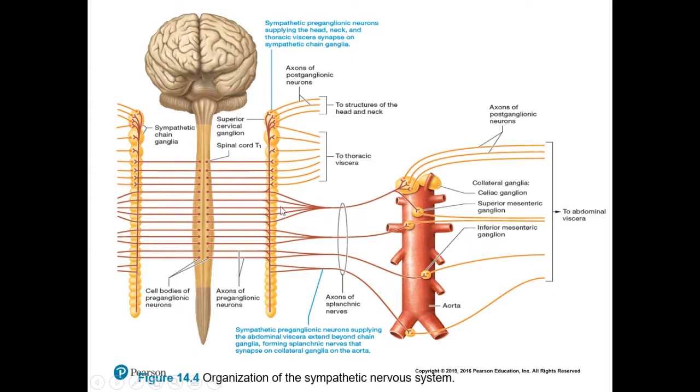The next few are going to have an interconnection to another ganglion. So they went from this ganglion to another ganglion located on the aorta, right? In case we don't know where the aorta is, the aorta is the biggest artery that we have that comes out of the left ventricle of the heart.